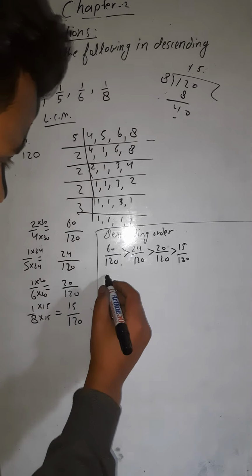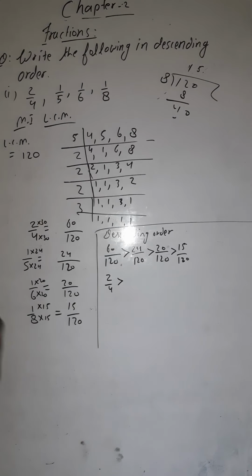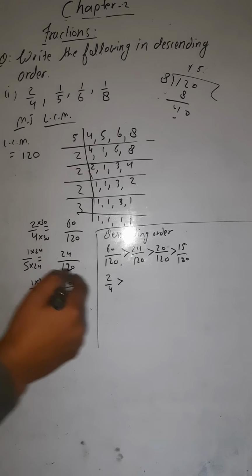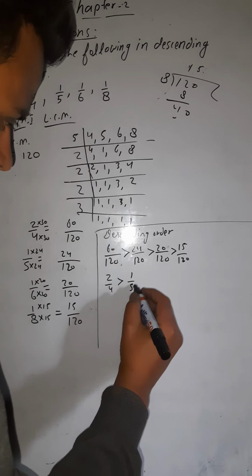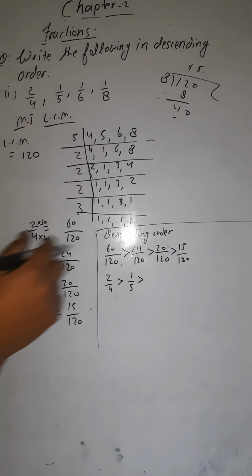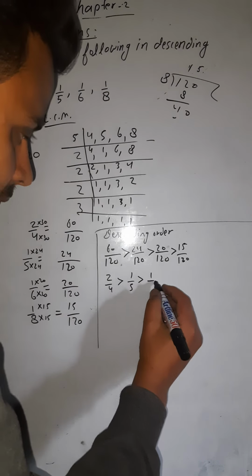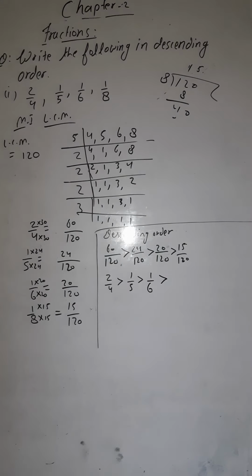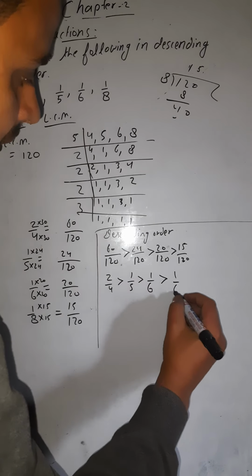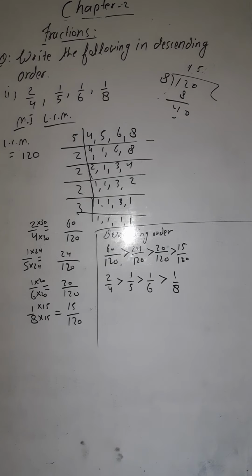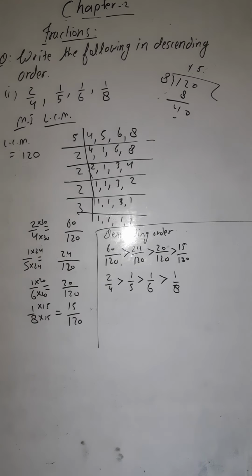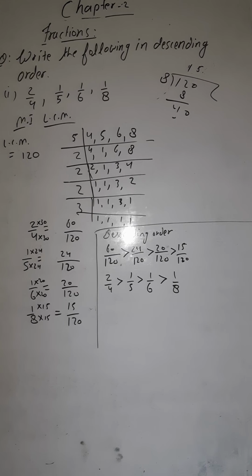So this 2 by 4 is greater than 24 by 120, which is 1 by 5, greater than 20 by 120, which is 1 by 6, and 1 by 6 is greater than 15 by 120, which is 1 by 8. So this is how we have written these fractions in descending order. Are you getting it? So this was the first method.